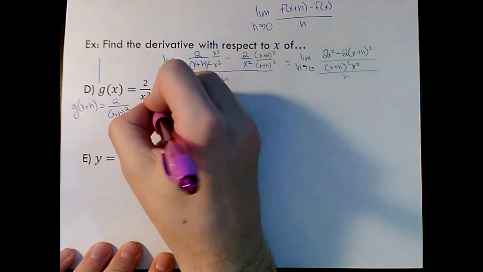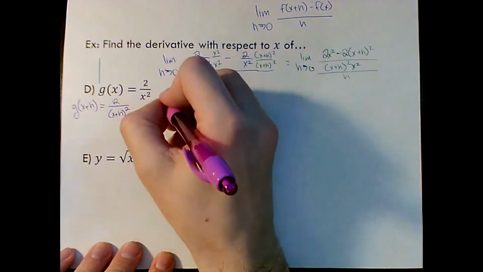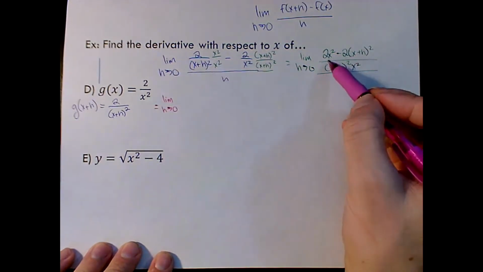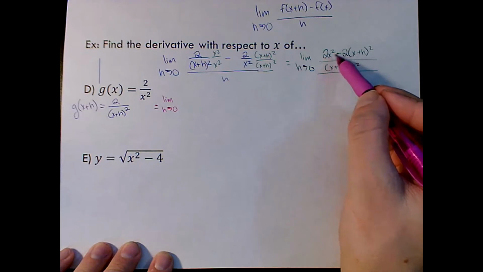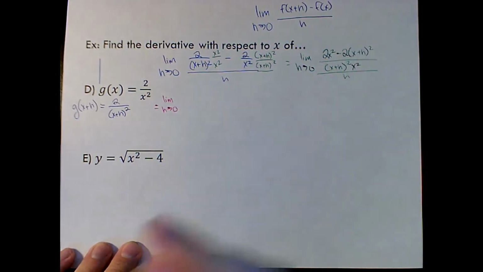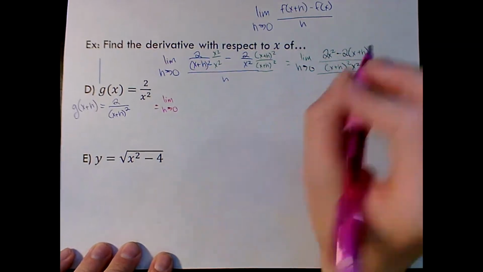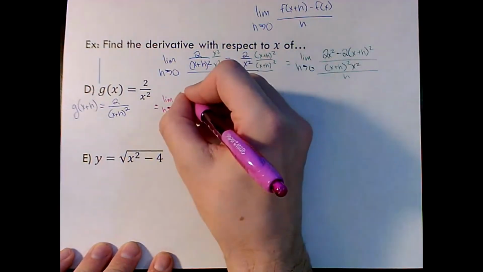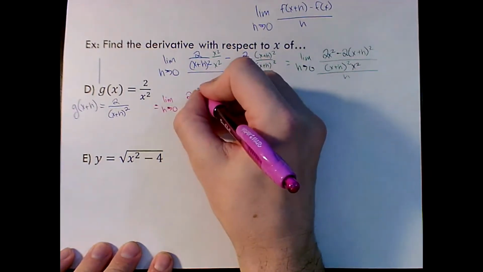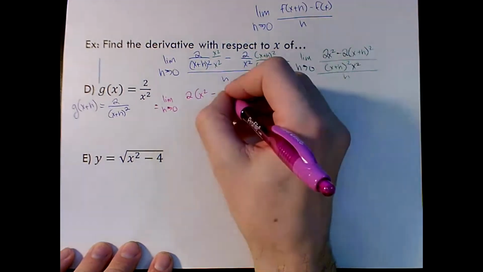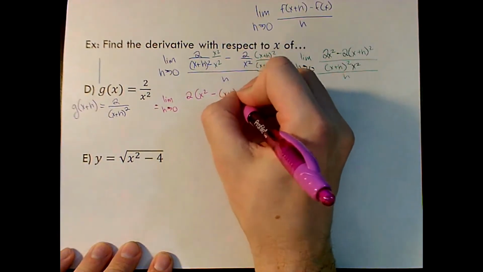Watch what I do. And this is, of course, me taking some of the stuff that I learned from Algebra 2. I'm going to bring a 2 out of this guy. But you know, before I even do that, let me kill two birds with one stone. First, I'm going to pull the 2 out of this guy. Bringing a 2 out, that leaves me with x squared minus x plus h squared.